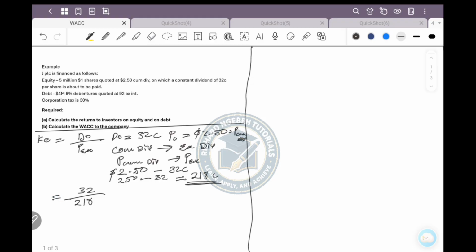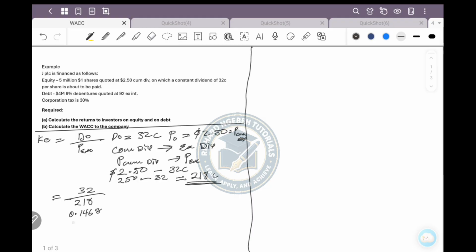So your Ke will now be 32 cents divided by 218 cents, which will give you 0.1468, in rounding up.